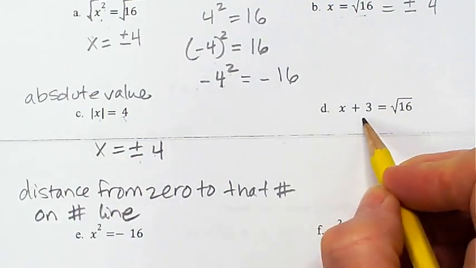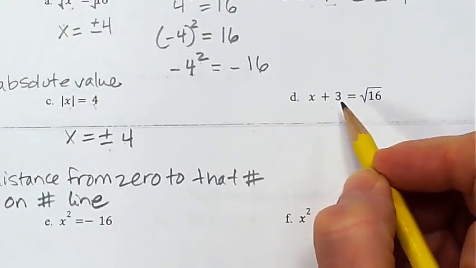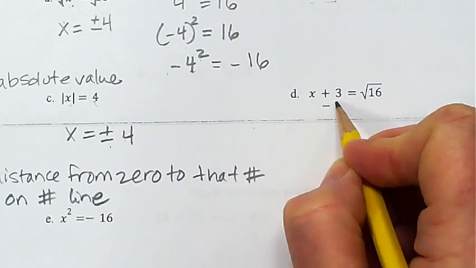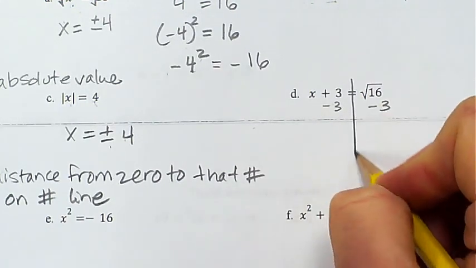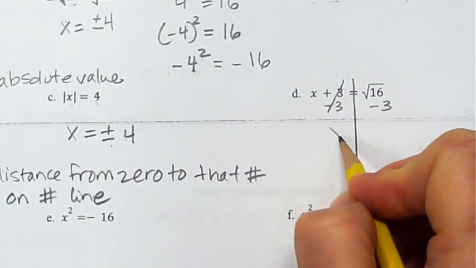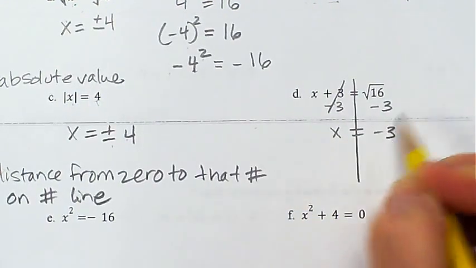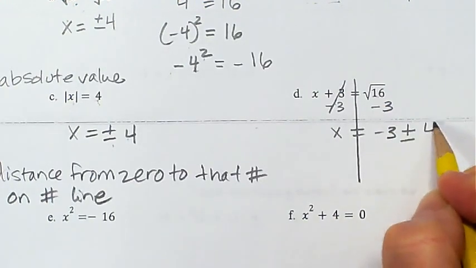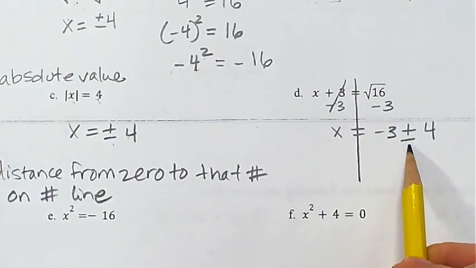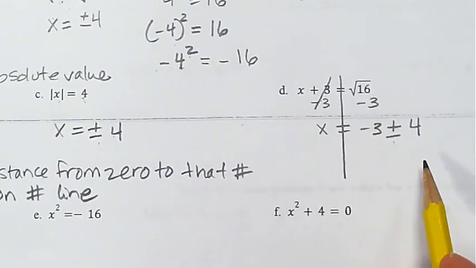Okay, over here, we're going to get x by itself by subtracting 3 from each side. So that's going to give me -3, and then we're going to write that answer as plus or minus 4. Okay, so we really have 2 answers here.